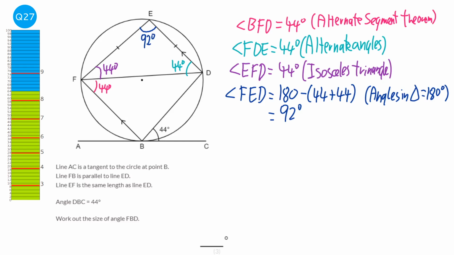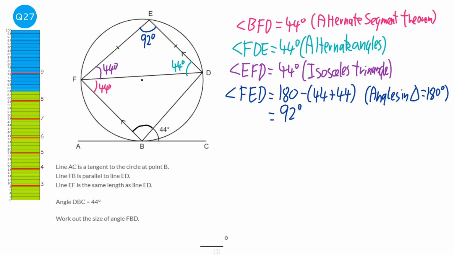And finally, took us a while to get there, but finally we can work out what this angle is, because in total all 4 corners of this quadrilateral here are touching the circle, so it's a cyclic quadrilateral.